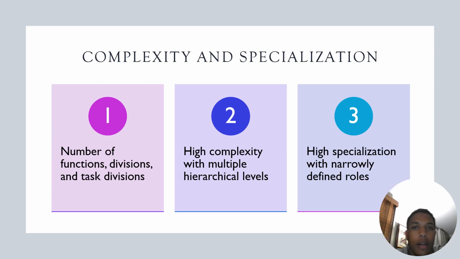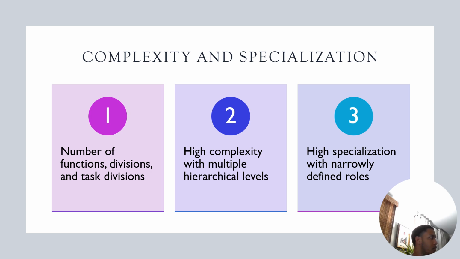Moving on to complexity and specialization. Complexity involves the number of different functions, divisions, task divisions, and hierarchy within an organization. The more complex it is, the more functions, divisions, and hierarchies you're going to have, just from being bigger. It naturally is going to have more complexity because of how it needs to run.